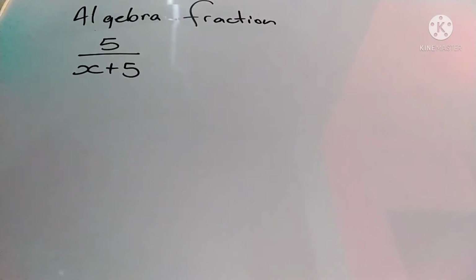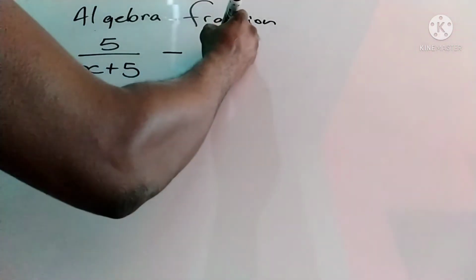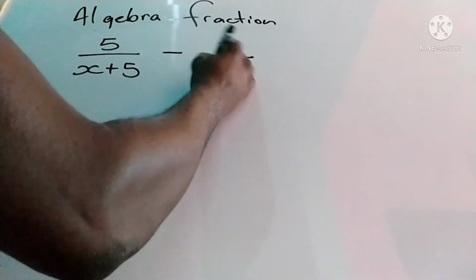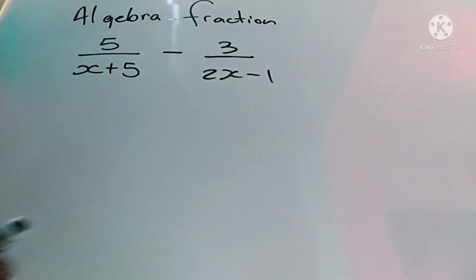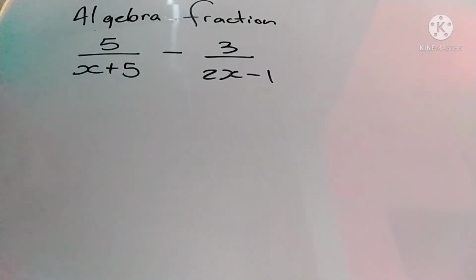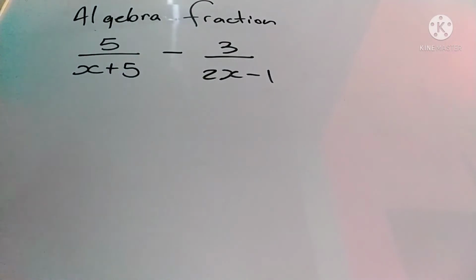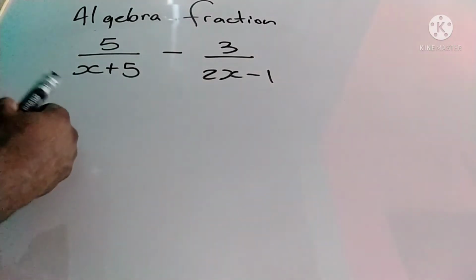All right, so we have 5 over x plus 5, minus, say, 3 over 2x minus 1. So here is the idea now. We have to take our time. The principle remains the same. We are subtracting fractions. The denominators are not the same, which means that because of that, we will now have to come up with the LCM.